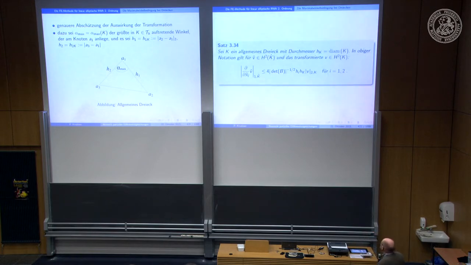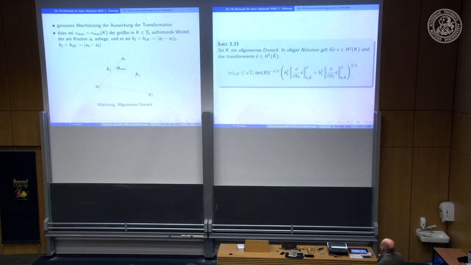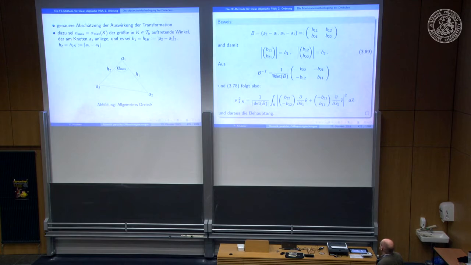And this gives us then the square root of 2, which is of course of no importance, and this gives us these terms here. So these are just Euclidean norms squared, if you see here. This is really then immediate from this term here.